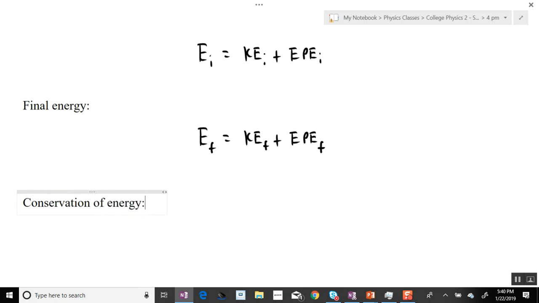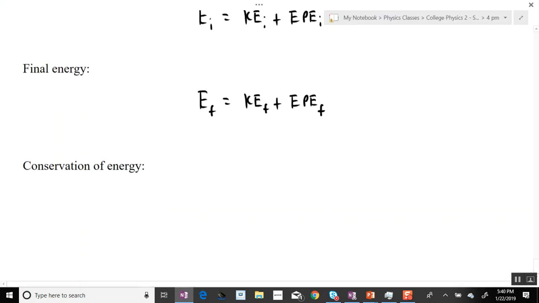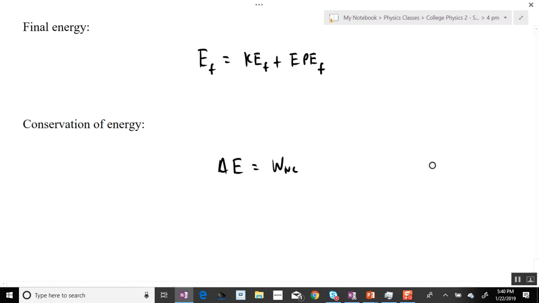So how you put all this together is that the change of energy is equal to the non-conservative work done, which is basically work done by everything but the electric force, gravity, and the spring force, right? Anyhow, this, by definition, is EF minus EI, because that's whatever the change of something is.